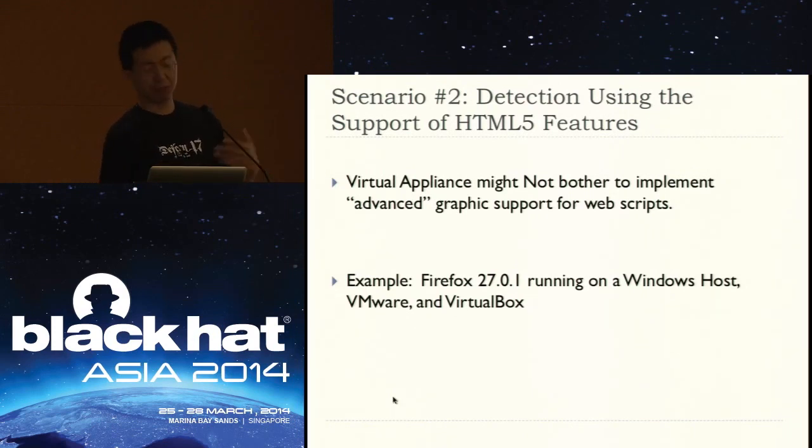But if you try, for example, in this case, Firefox 27.0.1, when we run on Windows, okay, it works, it supports WebGL. But if you take the same operating system, the same version of the Firefox browser, and put it in VMware or VirtualBox, it just complains, saying, hey, we don't support WebGL, something is wrong.